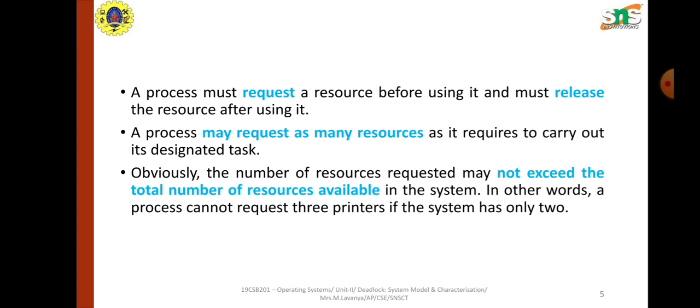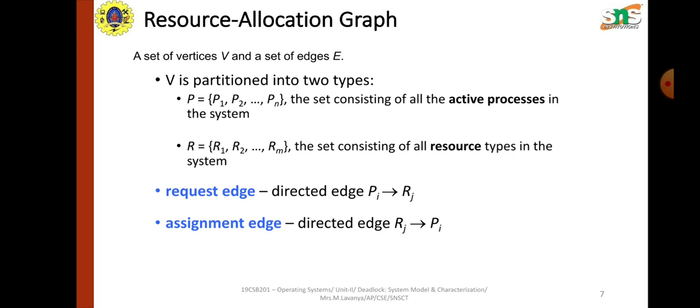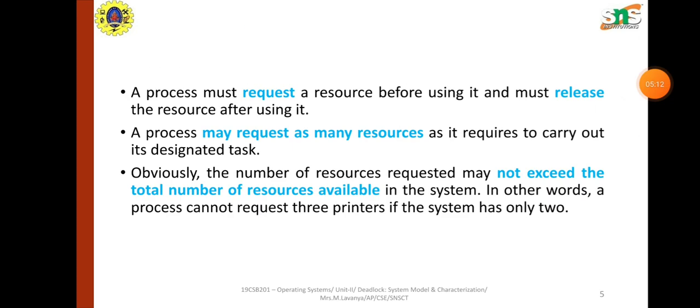The same scenario applies to resource allocation also. The resource requested should be within the number of available resources, then only can the resource be allocated to that process. Those are the steps for usage of resources.